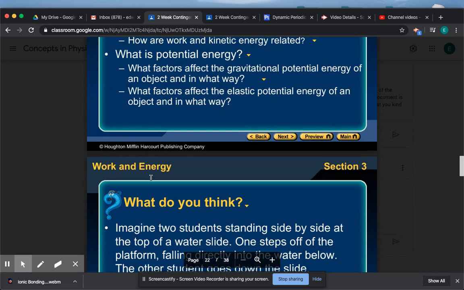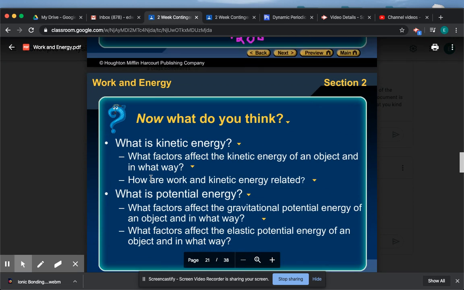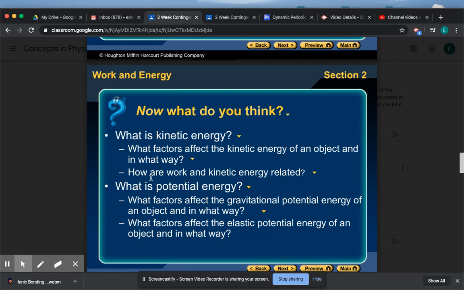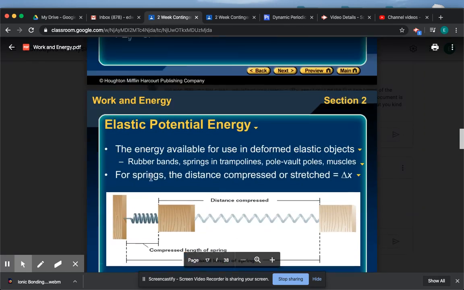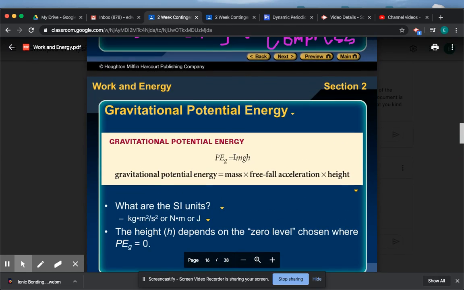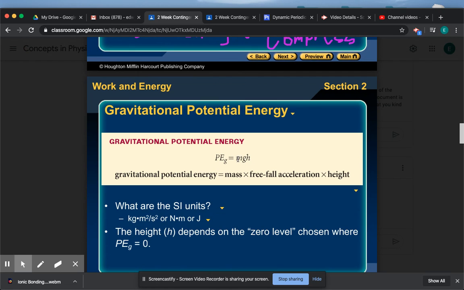So now you know the two types of energy. You have kinetic, which is the energy of motion, and you have potential, which is stored energy. If you look at the potential energy equation for gravity, just know that mg is the weight of the object in newtons, and then you just multiply that by the height. So that's another way to remember it.